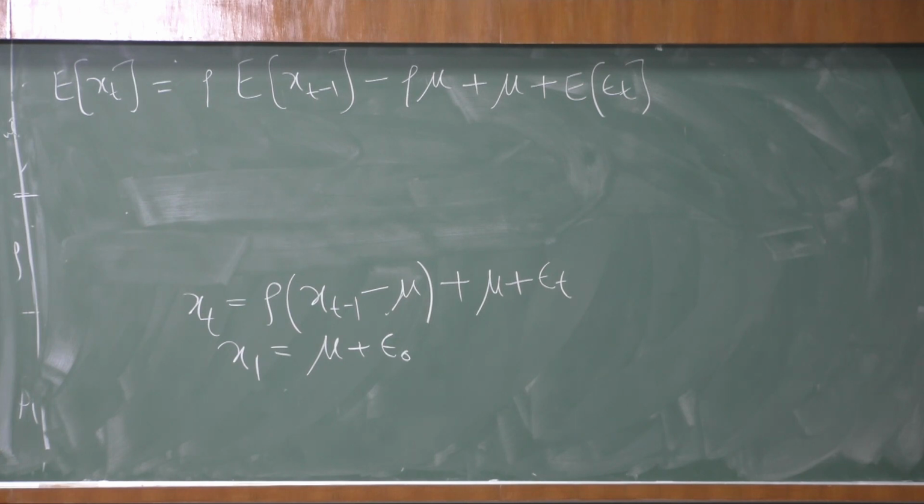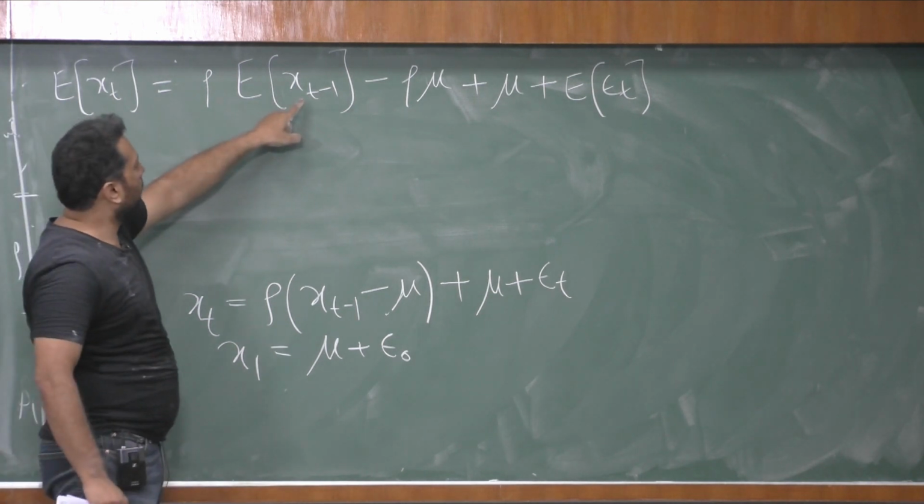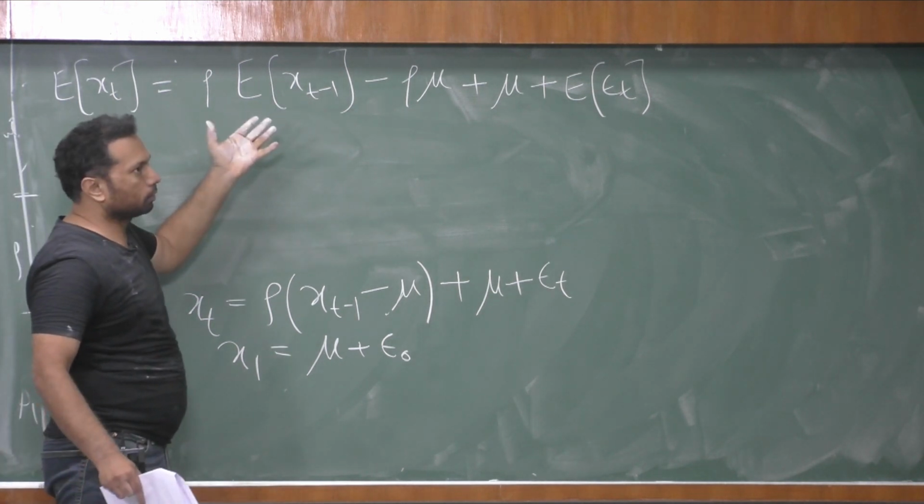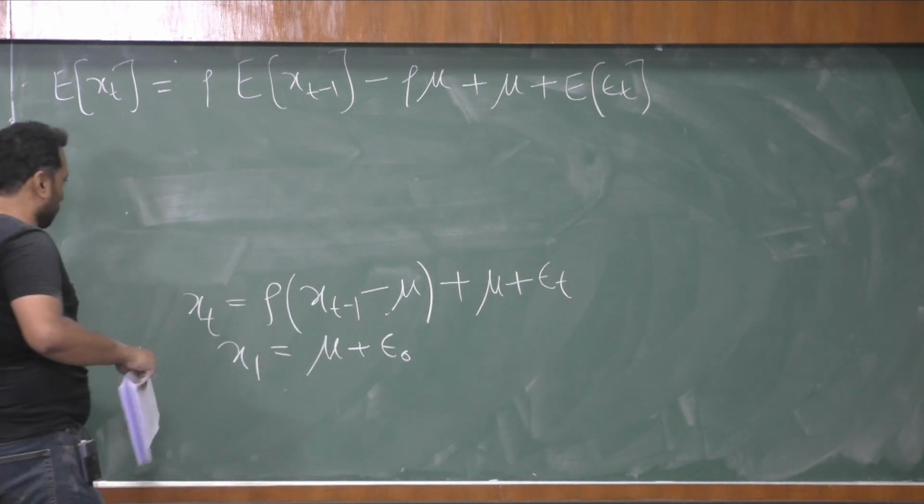So we have rho times (xt minus 1 minus mu), and then plus mu also outside. An important thing to note is that xt minus 1 is given. With this condition, the expectation of xt minus 1 remains xt minus 1, because it is no longer a random variable.